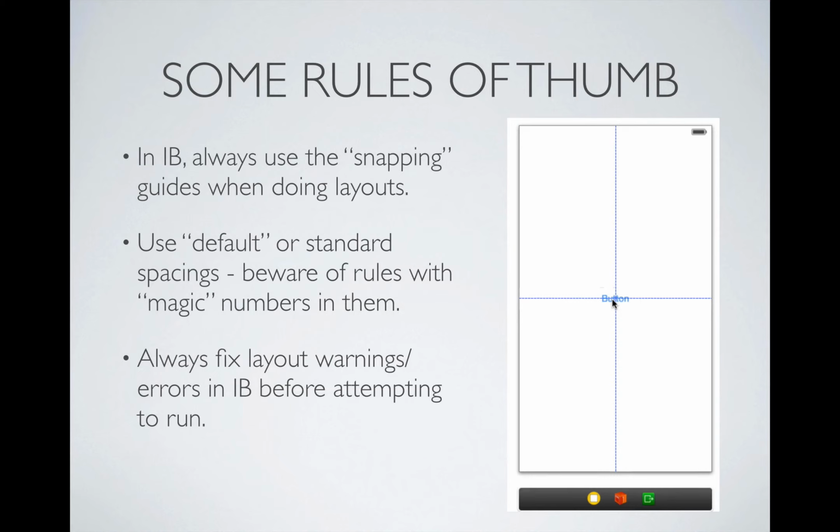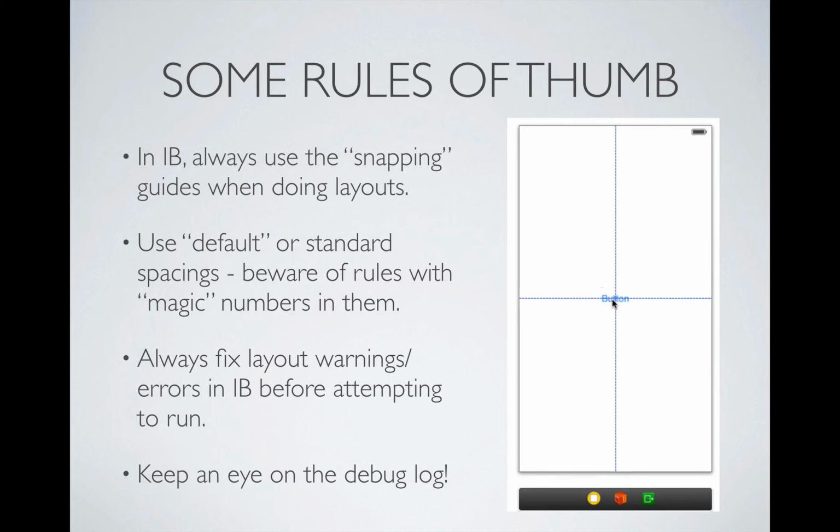And then as you're adding constraints and working on your interface layout, always make sure that you clear up any types of warnings or errors that Interface Builder tells you about before attempting to run. If you do have inconsistencies in your constraints, it could very well cause your program to crash. And when it does crash, you're going to get some rather cryptic output on the debug console.